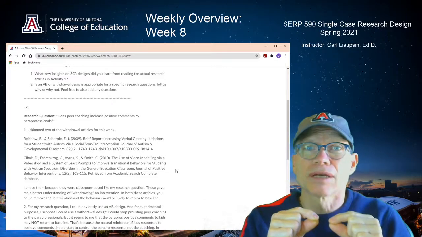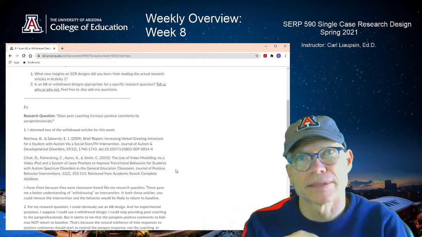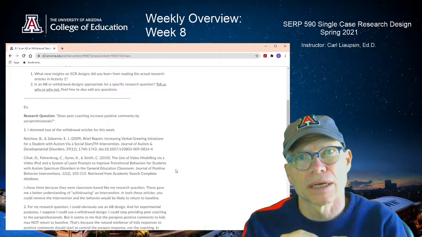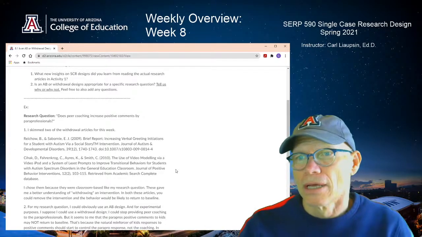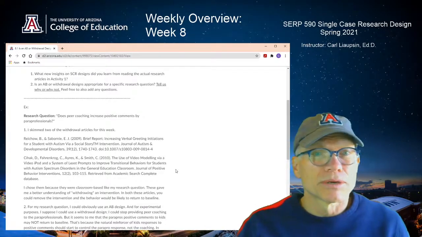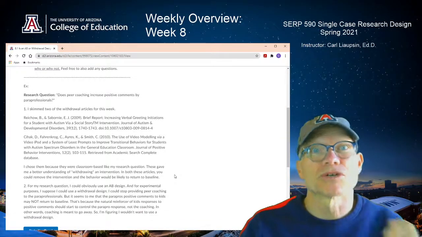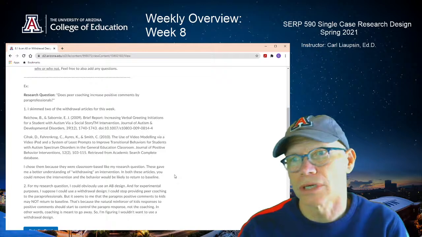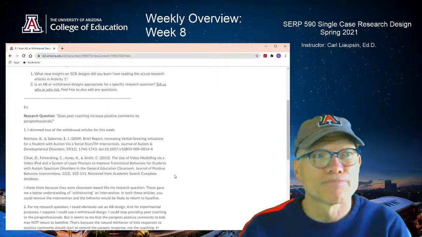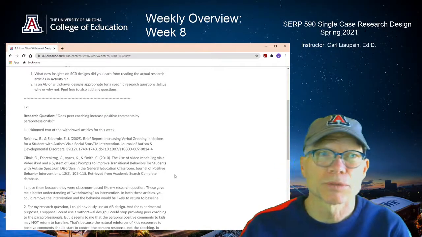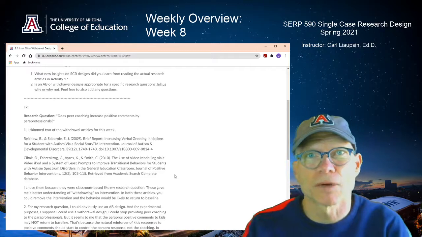And that's what all these more complicated designs are all about, and the logic of single case research. I give you an example here, read through that, an example response. You guys have done great work on your discussion questions by, I think, looking through the example response for the kinds of things I'm looking for.